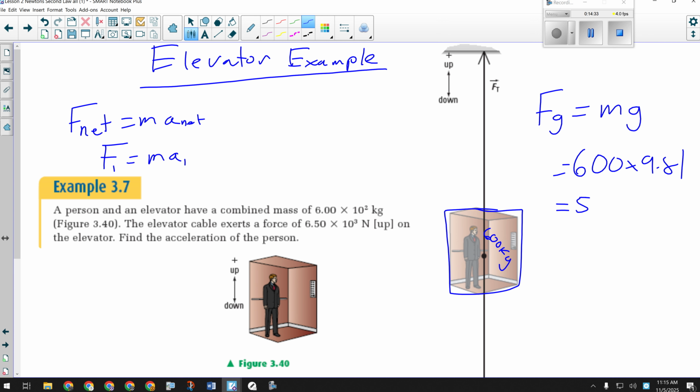So that should be 5,886 newtons if my mental math is right. So I know that the force downwards is the force of gravity, and it is 5,886 newtons in a downward direction.